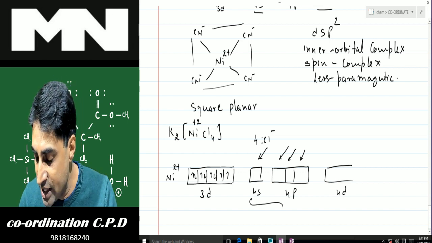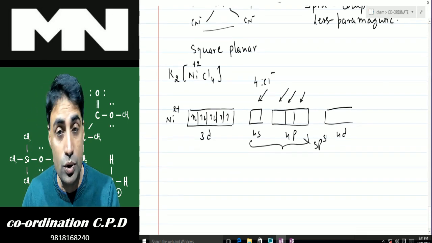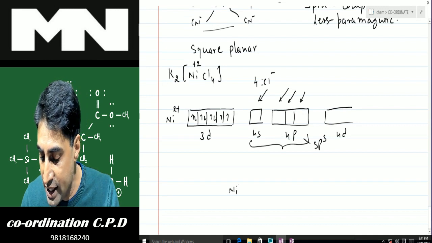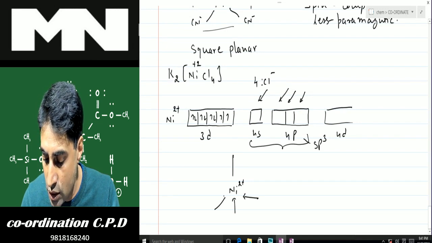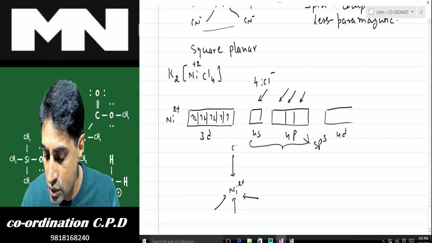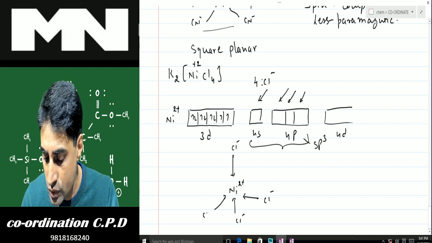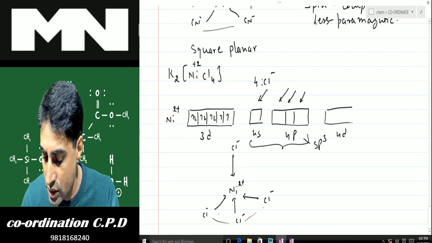That means the hybridization will be sp3. Sp3, as you all know, is tetrahedral. So in this case, here you will have Ni2+, 1, 2, 3, 4. These are the chloride ions in tetrahedral arrangement. So this is a tetrahedral arrangement you got.